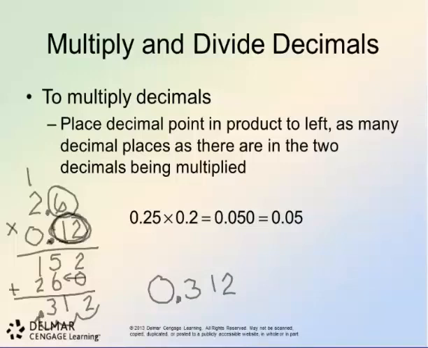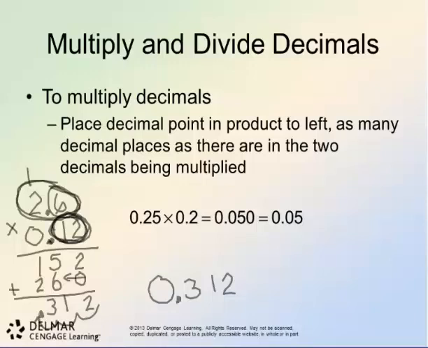12 hundredths is about 1/10. That's in the neighborhood of 1/10. So we're basically taking a tenth of 2.6. And a tenth of 2.6 would be around 0.26, but it's a little more than 1/10 of 2.6.